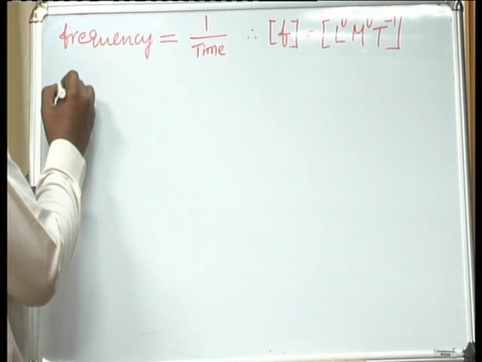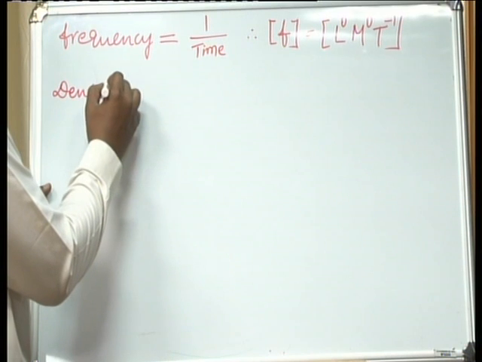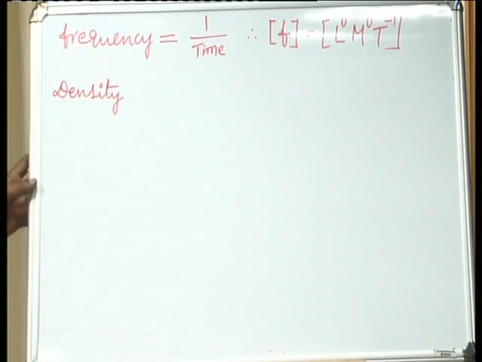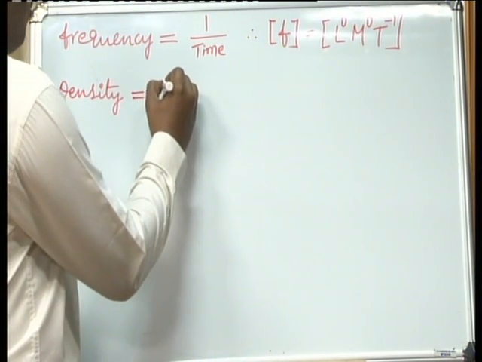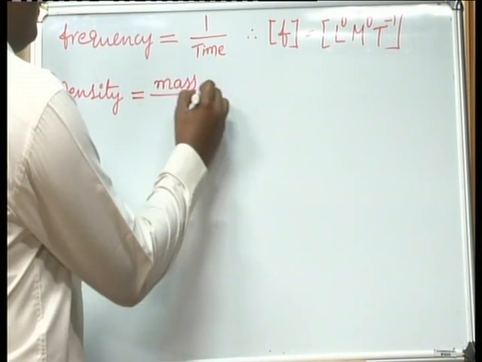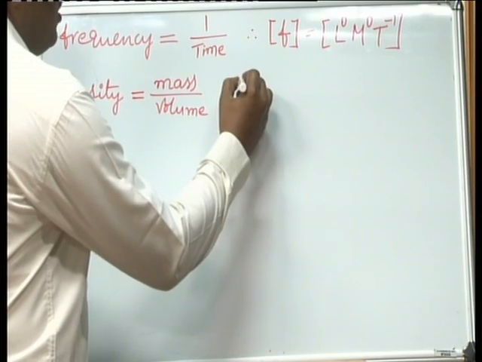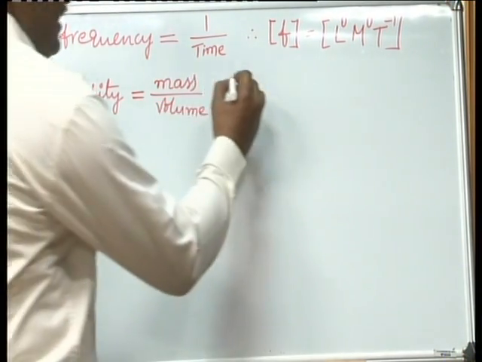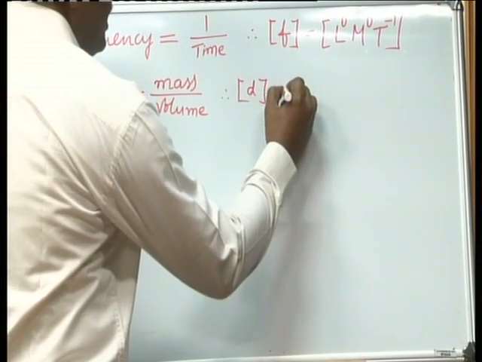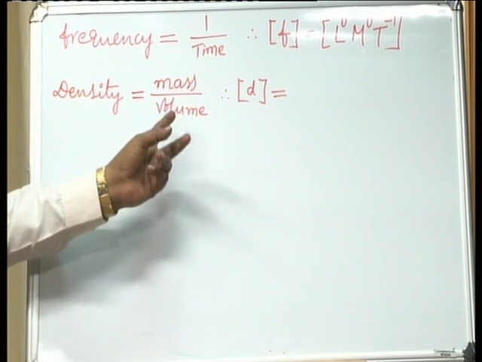Now, you can write the dimensional equation of density. Define the density according to its definition: it is the ratio of mass to volume. Density is equal to mass divided by volume. Therefore, for the dimensional equation of density, observe the RHS: here mass is the fundamental quantity, no problem.